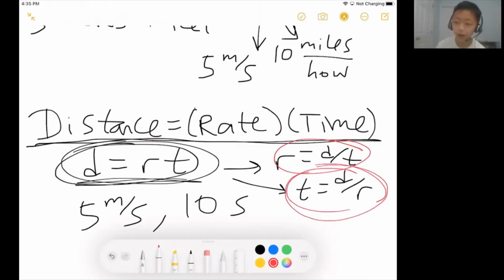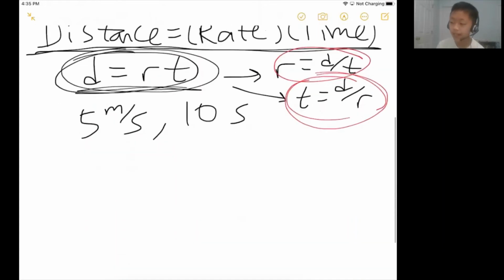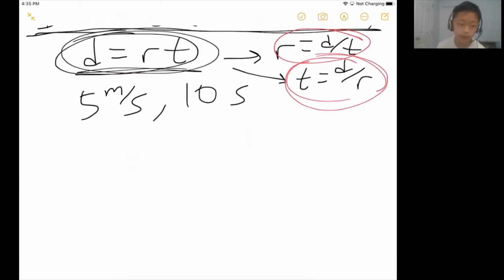Let's talk about one more important thing about these three quantities, which is units. A lot of the time in math problems, the people who write the problems are not nice people, so they're going to try to think of ways to trick you. One of the most common ways they'll trick you with distance, rate, and time problems is by giving you things in different units.